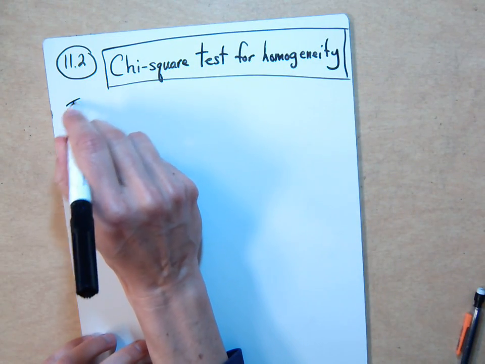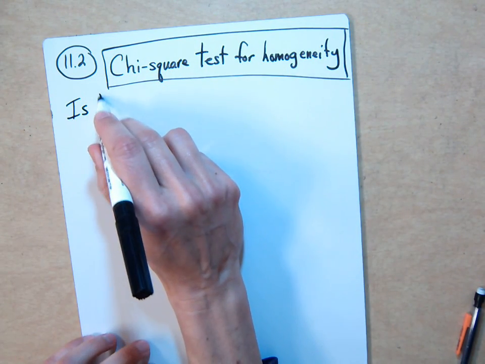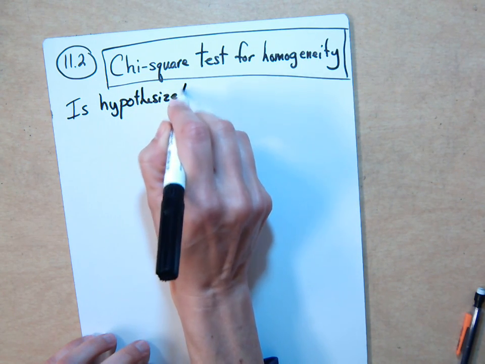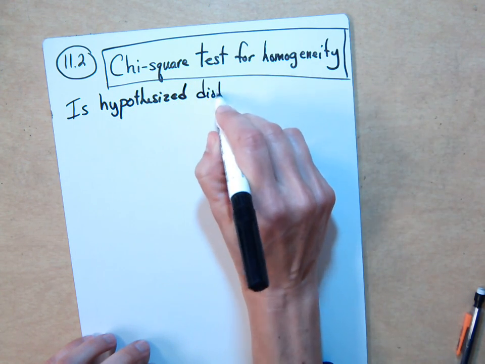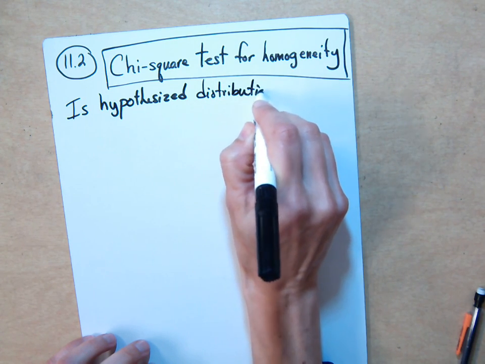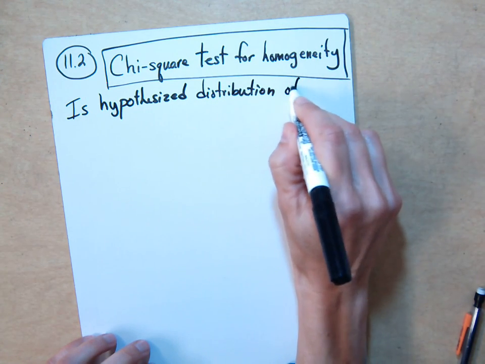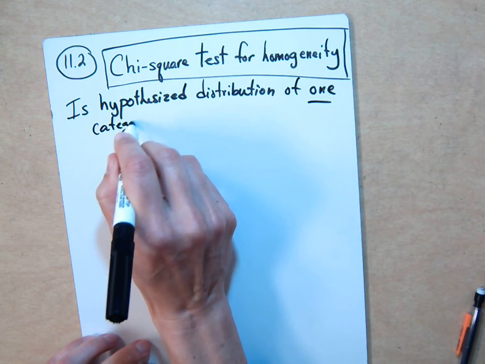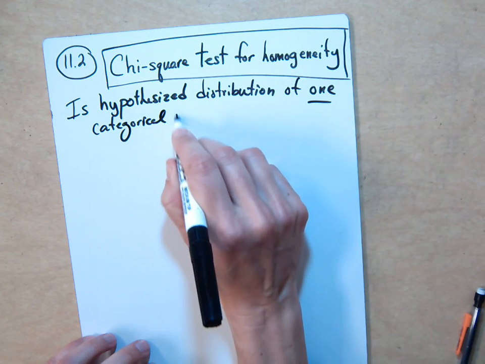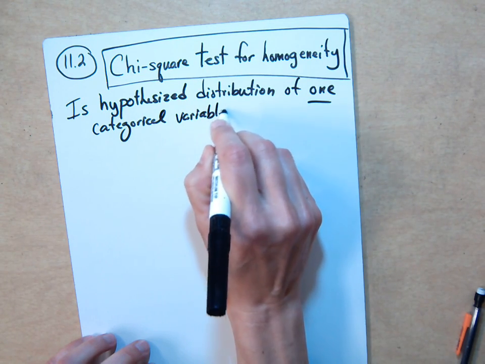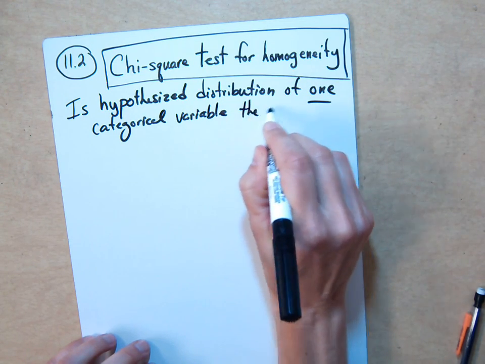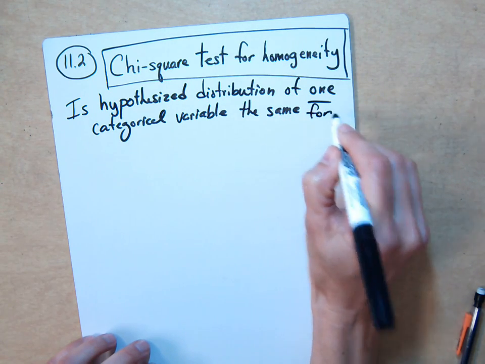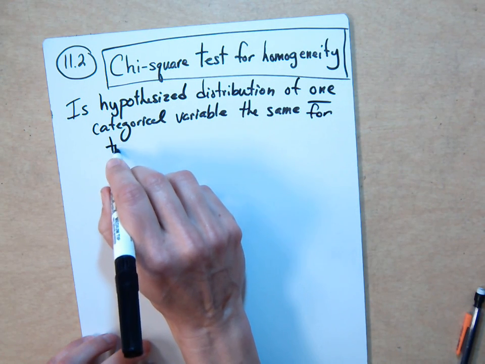So the question that this test answers is: is the hypothesized distribution of still one categorical variable the same for two or more populations?